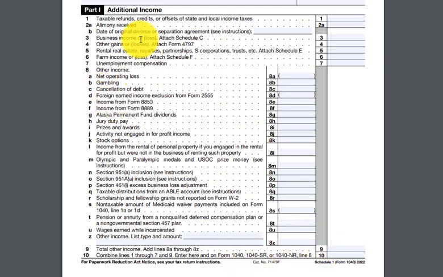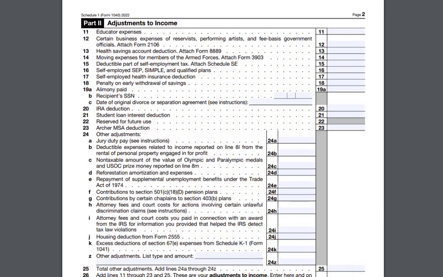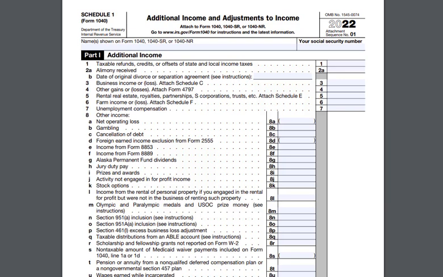Every one of these schedules refers to a particular line back on the 1040. There's a second part of Schedule 1 with adjustments to income. We'll talk more about those when we get into the detail of the tax equation in later chapters.